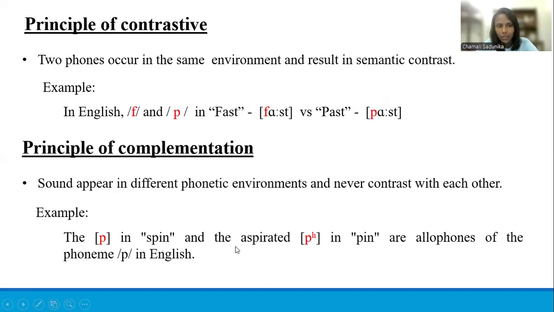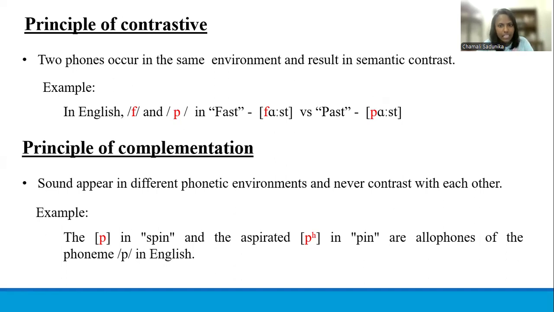Principle of contrast: here, 2 phones occur in the same environment and result in semantic contrast. Here we deal with minimal pairs. Minimal pairs are 2 words which have different meanings and differ in only one sound occurring in the same environment. You can see this in the example pair fast and past in English.